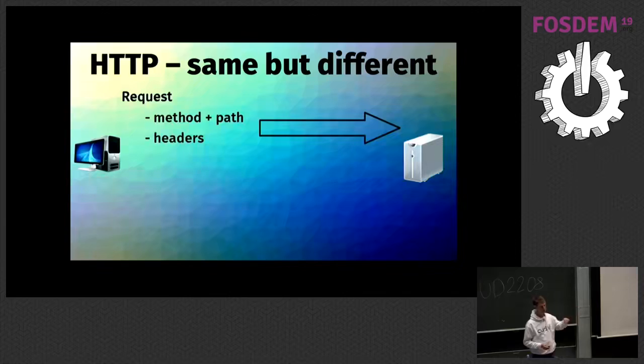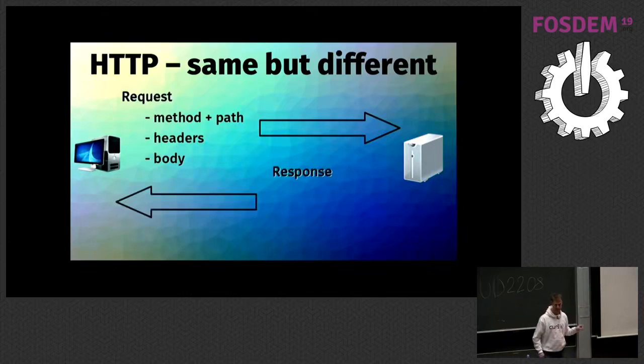There's a method, the verb, get, post, put, and there's a path, and there are headers in the request, and there's a body in the request if we do a post or put. Exactly like before. Most of us will just think of HTTP like this. And there's a response: a response code, headers, and a body, like there's always been. And this is going to remain. Most of us will just stick to that, and we won't notice or care about any differences at all.